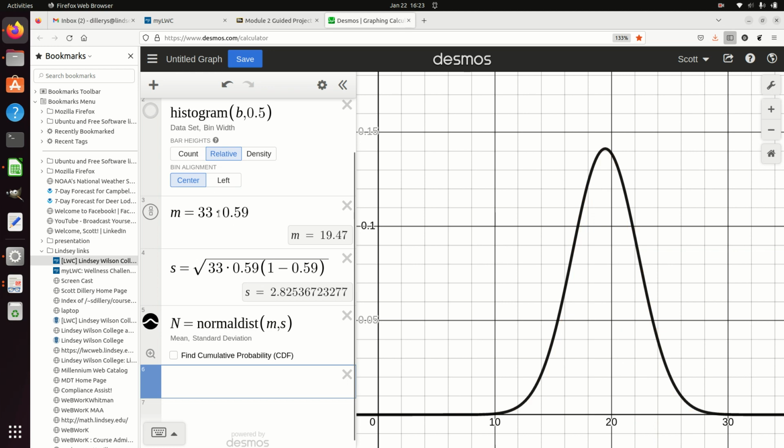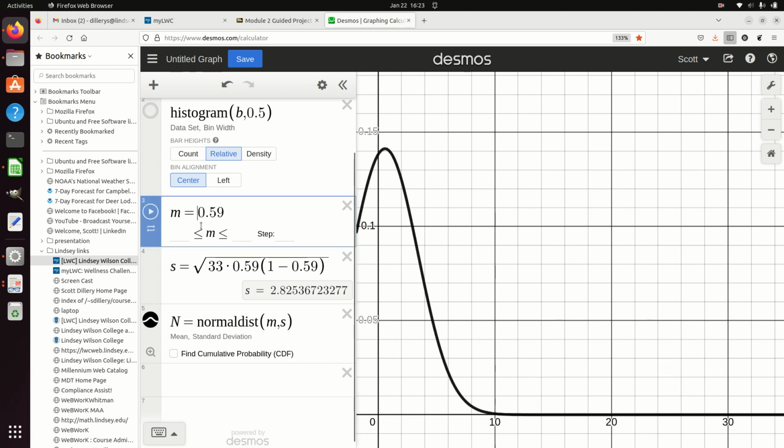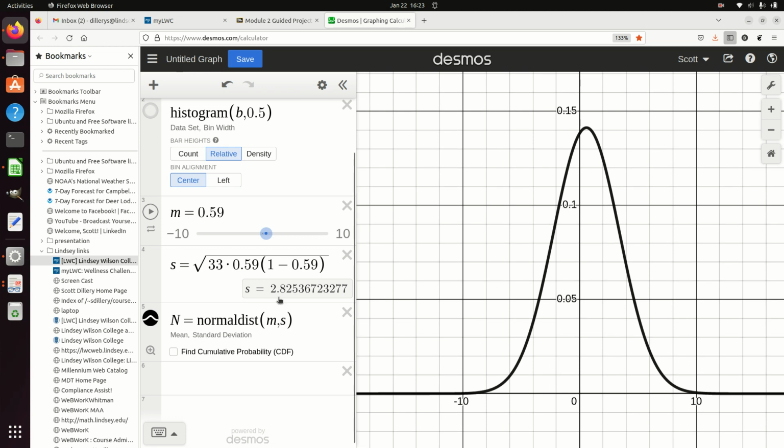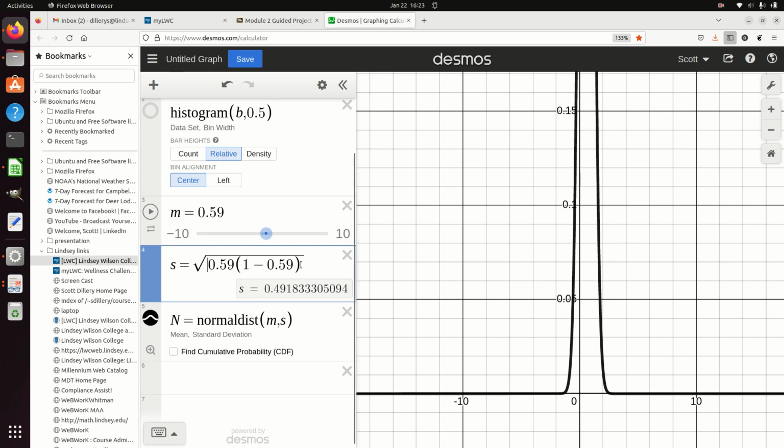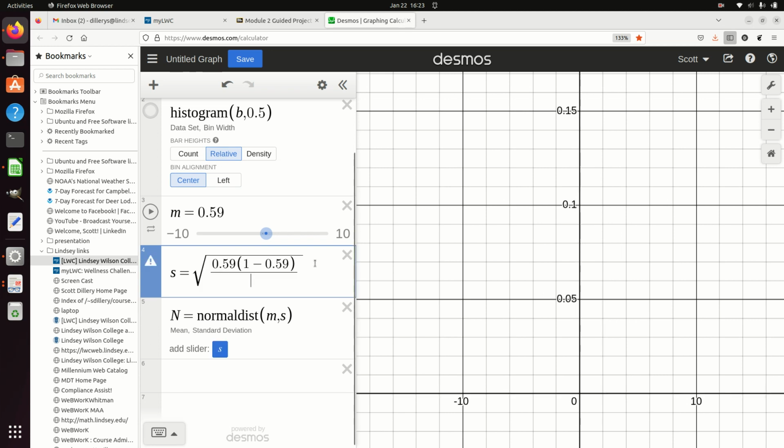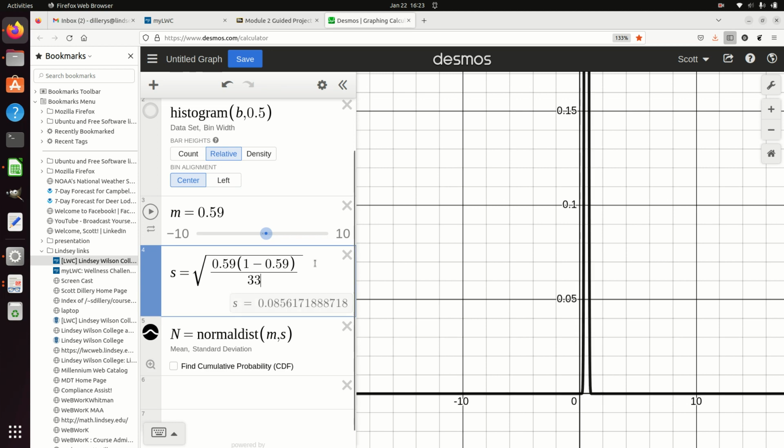And now to get this mean, I just want m to be 0.59 now, so you see it moved way over here, so I'll have to recenter things and so forth. In the standard deviation now, that 33 doesn't go there. It needs to, I'll say divide and 33, and there's that standard deviation of 0.0856.